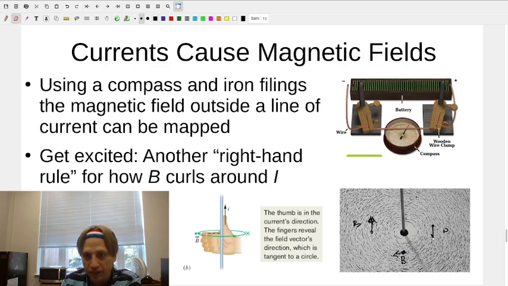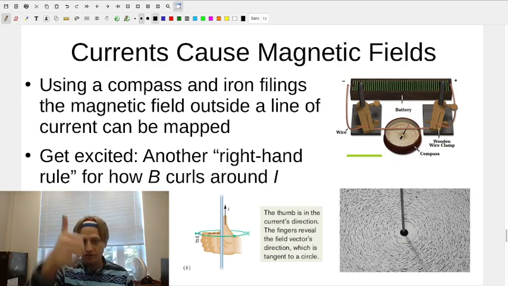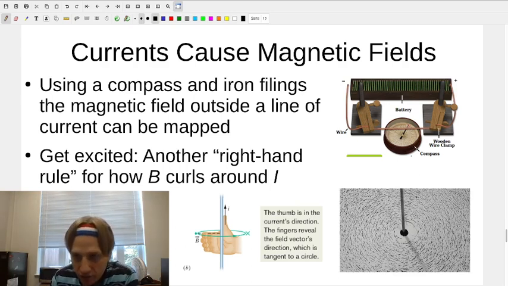This is why I need to actually get my hand out and do it while I'm not writing. Okay, so if my current is going like this, there's my current going up like this, then my magnetic field would be going like this, like this, like this, and like this.